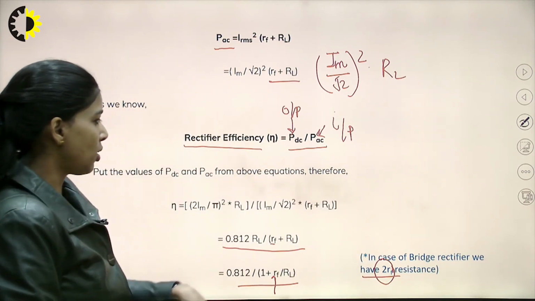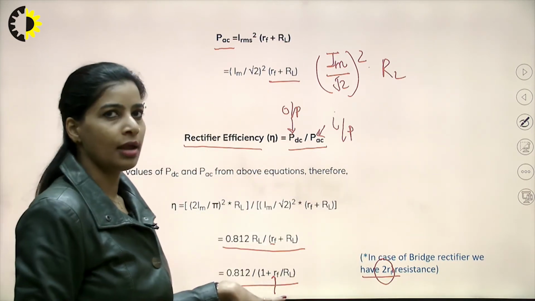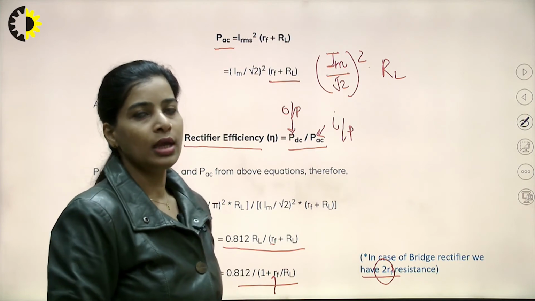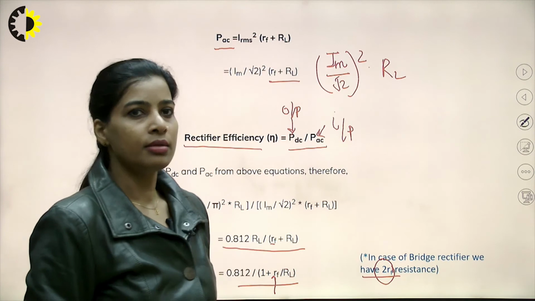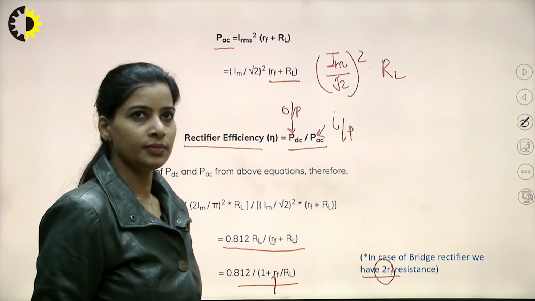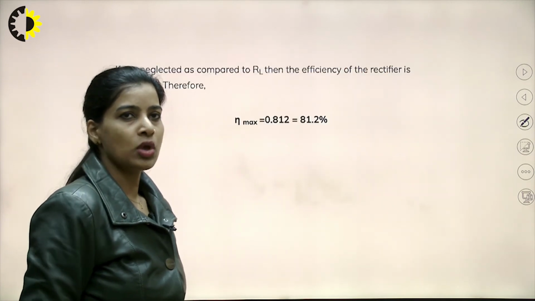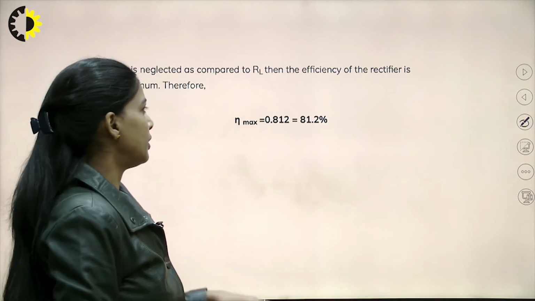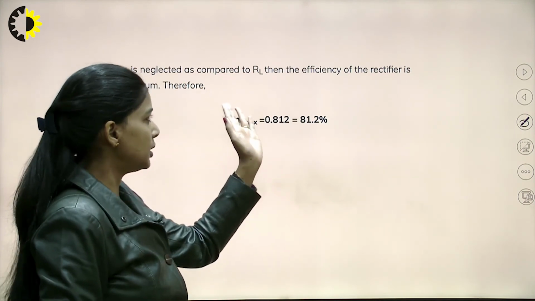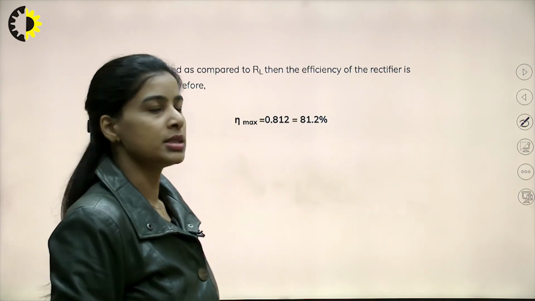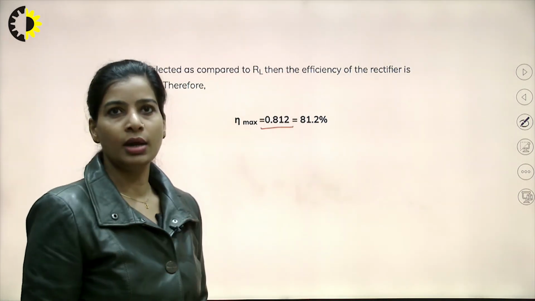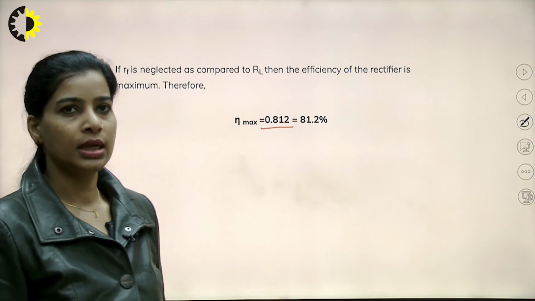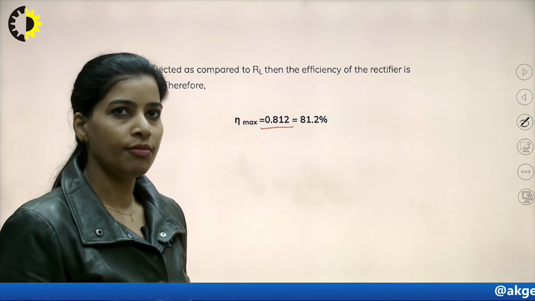So from here, in all the expressions, this RF will be removed if the diode does not have any forward resistance. So the efficiency written without the diode resistance is 0.812 or 81.2% in case of full wave rectifier.